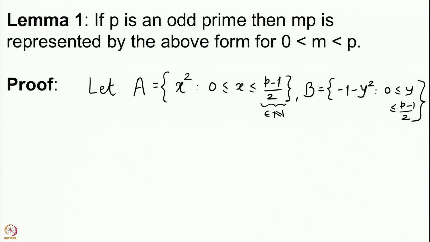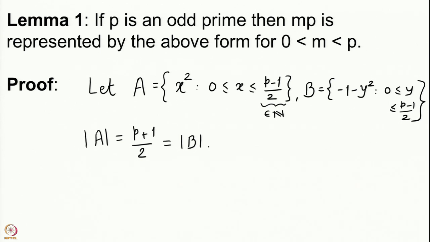So, the cardinality of A is 1, 2, 3 up to (p minus 1)/2 plus 1 because we have to add 0 to that. So, we have exactly (p plus 1)/2 numbers, and similarly here we have the set B of numbers minus 1 minus y square, again y goes from the same 0 to (p minus 1)/2. So, both the sets A and B contain exactly (p plus 1)/2 numbers.